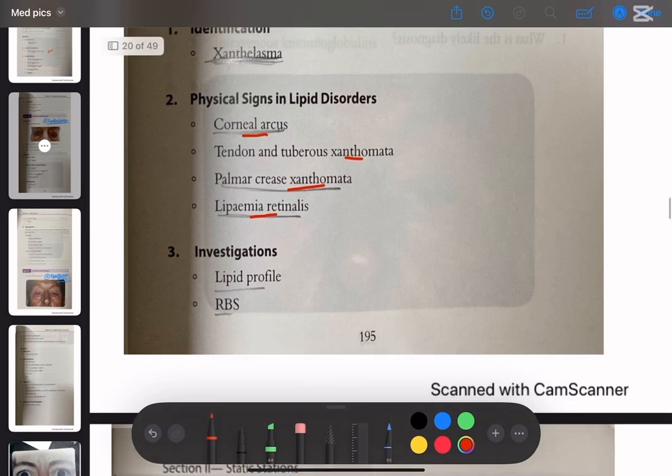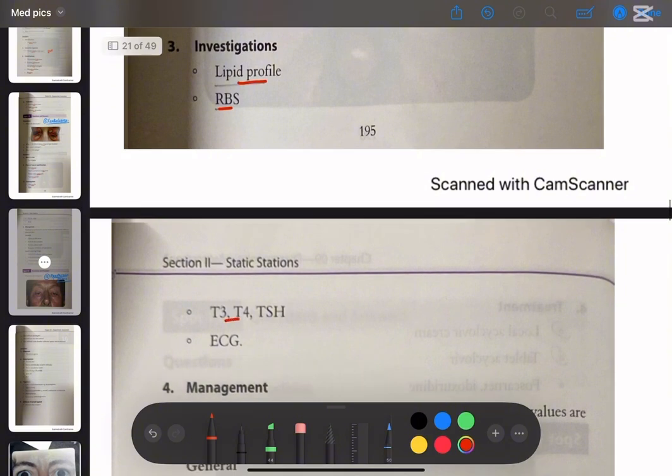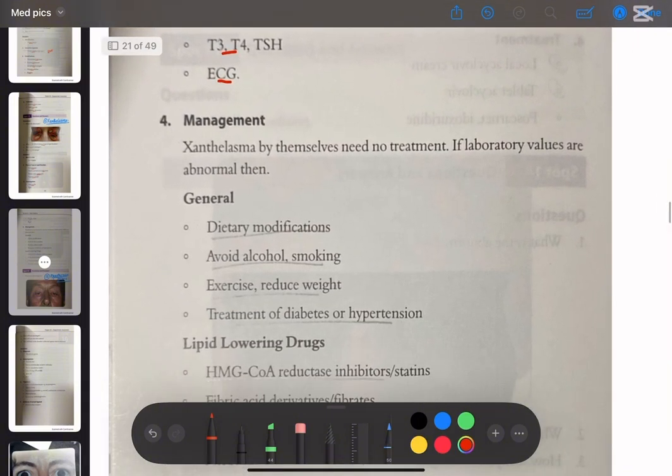The investigation options in case of xanthelasma are that lipid profile is checked and RBS is checked, then T3, T4 and TSH are checked and ECG is done. The management options are that xanthelasma by themselves need no treatment. If laboratory values are abnormal, then general measures are dietary modification, avoiding alcohol and smoking, exercise and reducing weight, and treatment of diabetes and hypertension. Xanthelasma is a lipid disorder and it occurs with diabetes and hypertension.